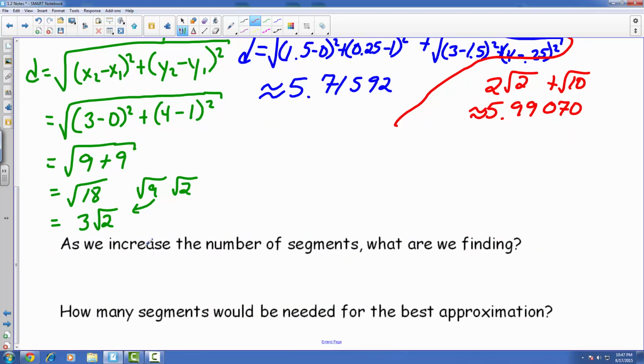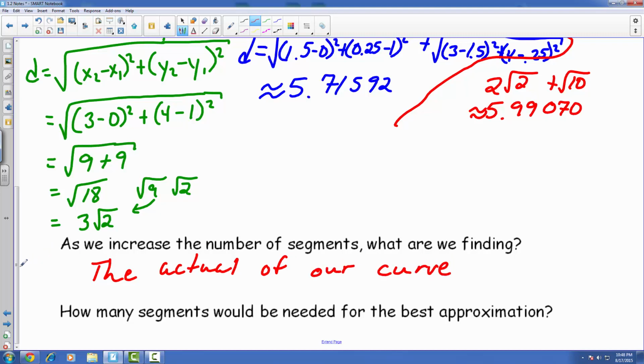The thing that we're finding as we increase the number of secant segments, also known as increasing the number of points, they're all kind of meaning the same thing, is the actual length of our curve.